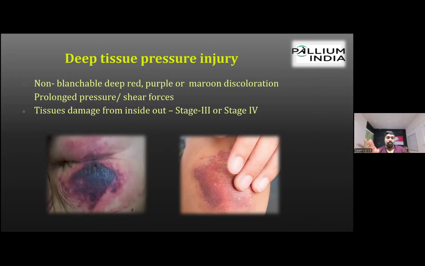This stage 6 deep tissue injury is caused by the second risk factor, shear. Already I told you, compression force plus moving. Because of that, the tissues are affected up to stage 3 or stage 4 depth but the superficial skin is not lost at all. This is the deep tissue pressure injury.